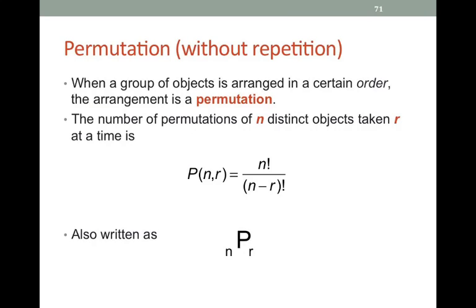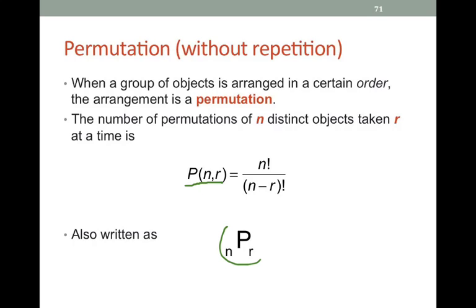And let's look at the definition of a permutation. When a group of objects is arranged in a certain order, the arrangement is called a permutation. The number of permutations of n distinct objects taken r at a time. So in the last one we had 8 people taken 3 at a time, in other words 3 leadership positions. The formula works out to be, and this is the nomenclature, we say the permutation of n comma r, or n choose r, sometimes we say.